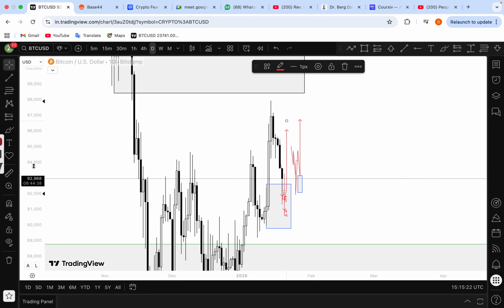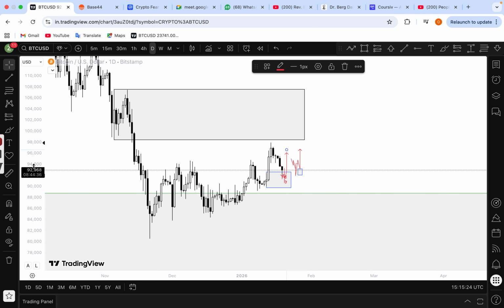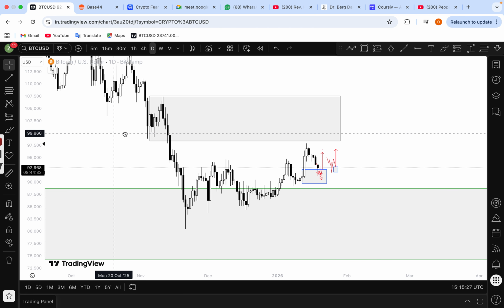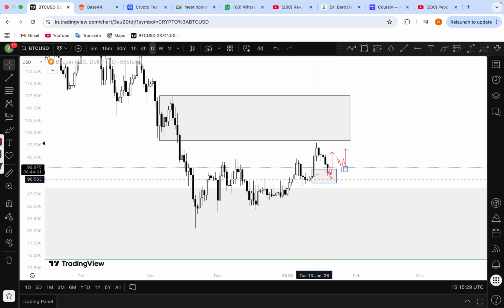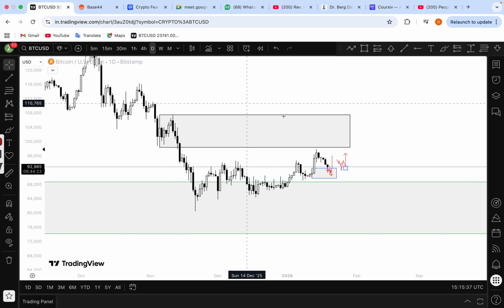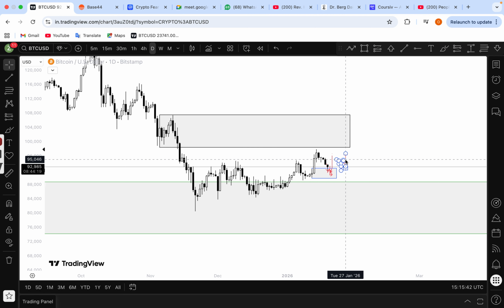Yeah, so let's zoom out back to the higher time frame so that we know where we're coming from. You can see that this is the small demand where I'm looking to take a small buy into that strong sell region on the daily time frame, right? And then the reason why I'm taking a buy into that strong sell region is because I want to now take a sell from that strong sell region.